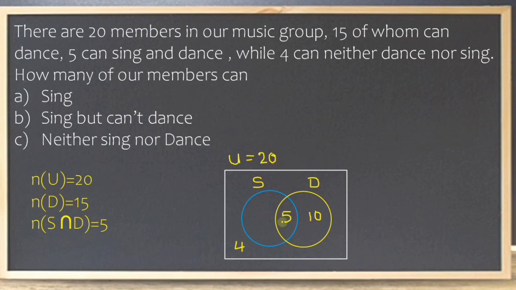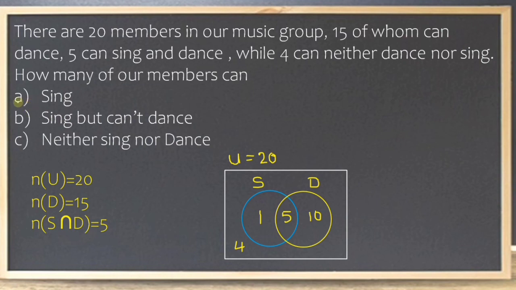And where would that one member be? We have one region that does not have any membership. So it means that one member is in that region. So we have one member here. So if we add all of these members in here now, it will give us 20, which is the total number of members in the universal set. Okay, with that, all of the regions have been occupied.